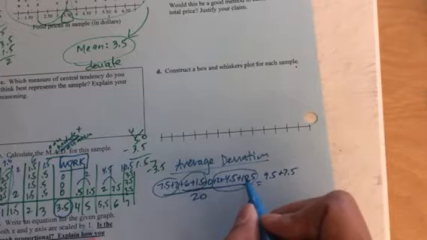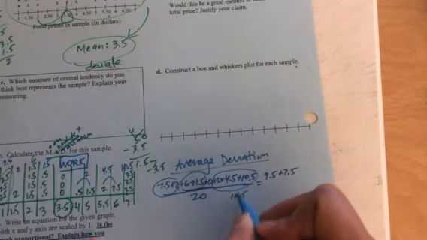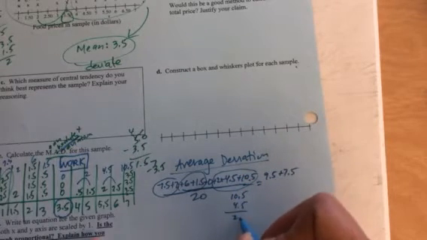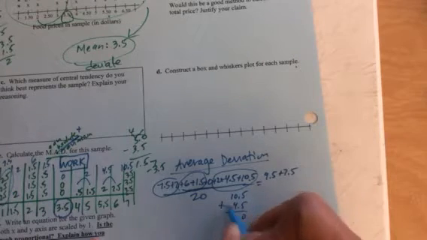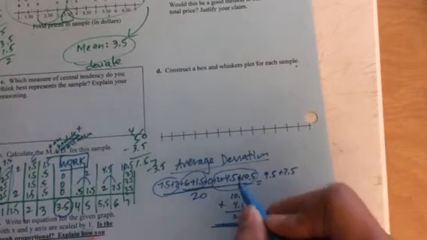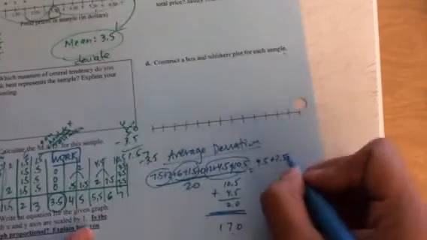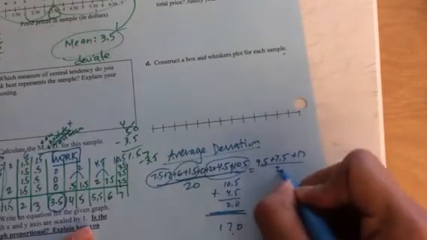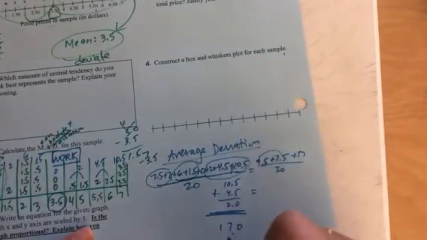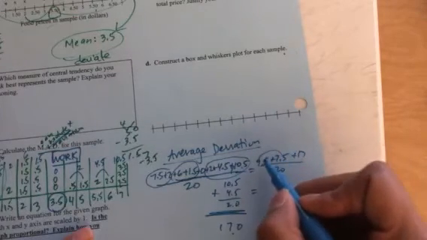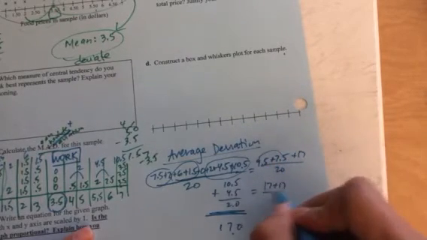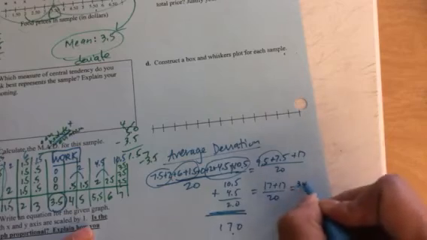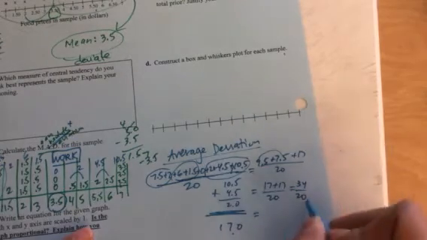So that's 10.5, 4.5, and 2. That's 17 over 20. That's going to be 17 plus 17 over 20. That's 34 over 20. And let's divide that.